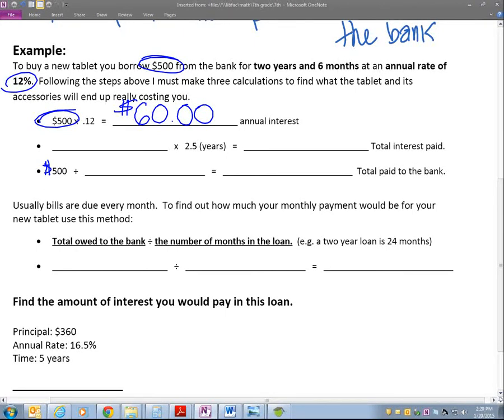Okay, so we found how much it costs for each year for you to have borrowed money from them. Now we need to find out how much total it is going to cost us. So if we know how much it is for 1 year, and the loan is for 2.5 years, how are we going to find out how much money we're paying? It's right in front of you.